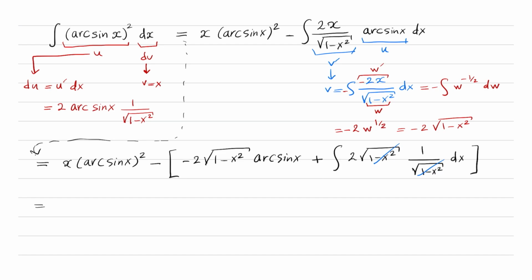So we get x arcsine of x squared, plus 2 square root of 1 minus x squared arcsine of x, minus the integral of 2, that's minus 2x, and we need a general constant of integration. So this is the antiderivative of the function arcsine of x squared.